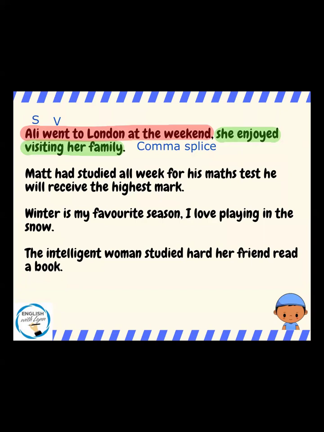So in this case, I think I would have a comma and an and I'm going to make it into a compound sentence. So Ali went to London this weekend and she enjoyed visiting her family. So it links. You could also have your semicolons there because they are quite closely related.